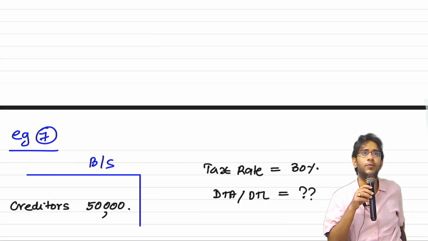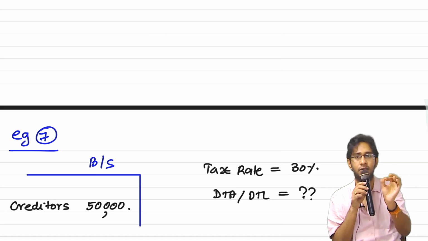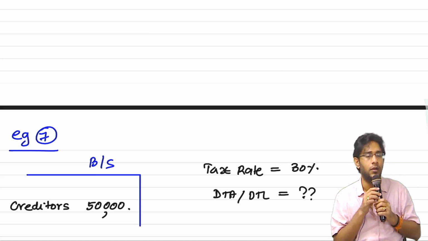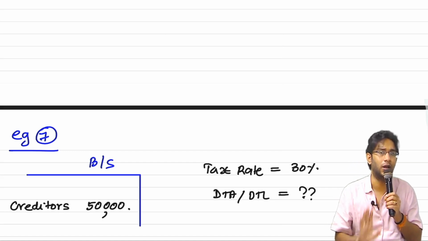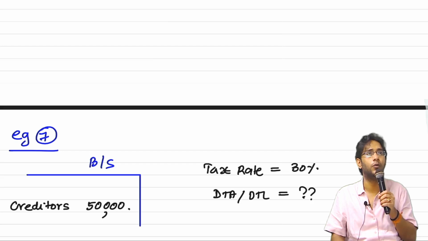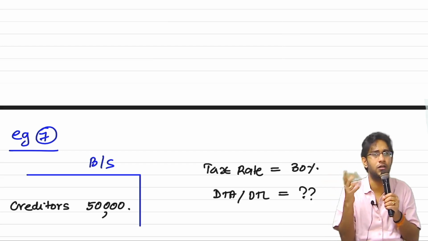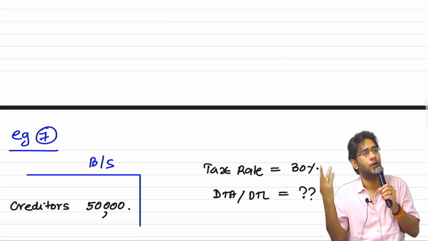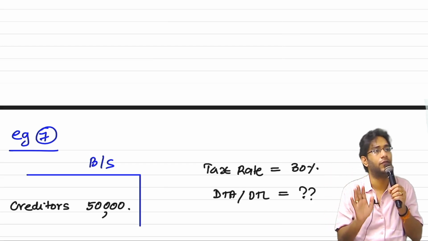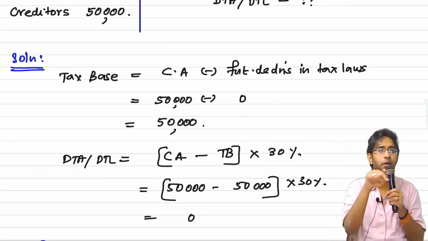Tell me, sir, tax base formula is what? Liability carrying amount minus future deduction. If you pay money to the creditor, will you get any deduction? No. So tax base is equal to carrying amount, 50,000, minus 0, which is 50,000. So tax base is 50,000. So DTA or DTL will be 0 ultimately.